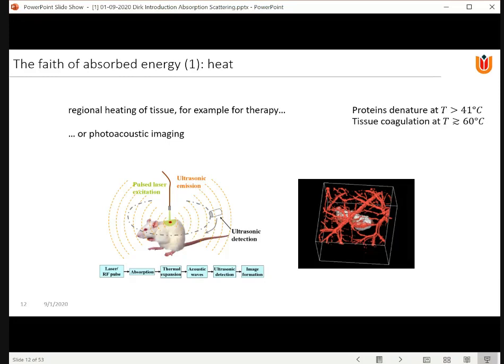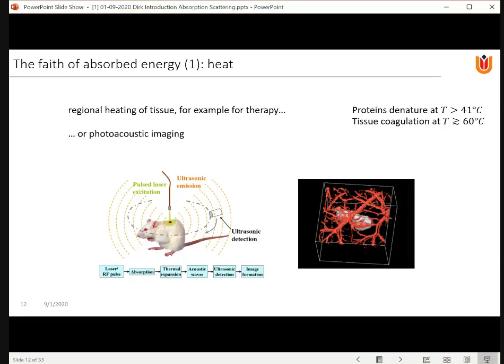That light will be absorbed mainly by the blood in tissue, but because the laser is pulsed, and if you think back to the previous equation, which had a component of time in there, if it is absorbed very quickly, it will generate an ultrasonic pulse, just a little bit of expansion due to the absorption.